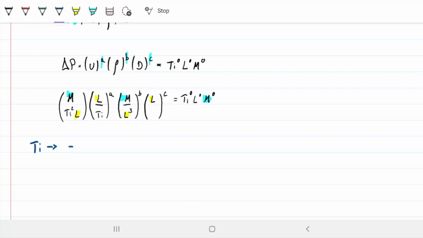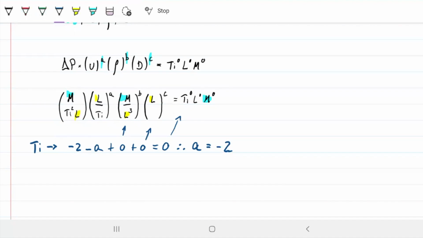We have t to the -2 here because it's dividing, then -a, and nothing elsewhere, and that has to equal 0. So A has to be -2 to satisfy that equation.